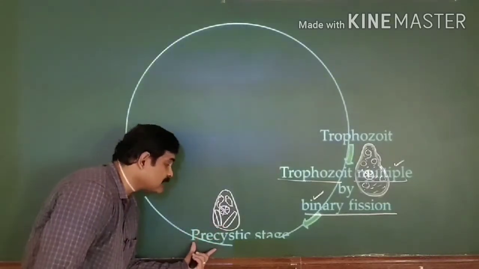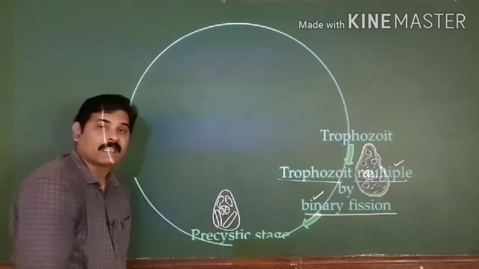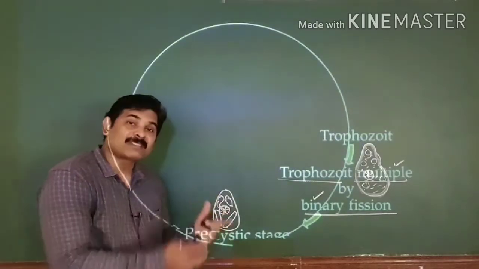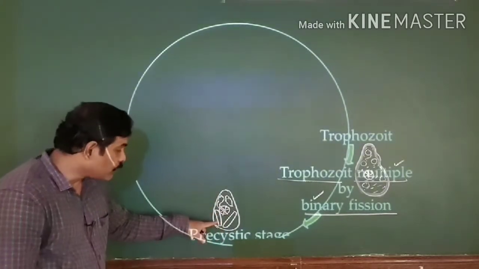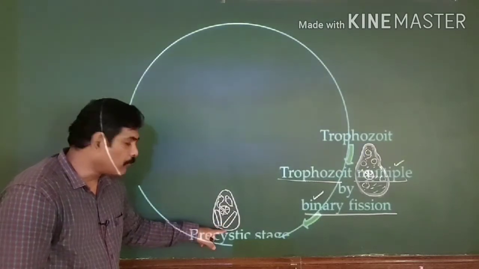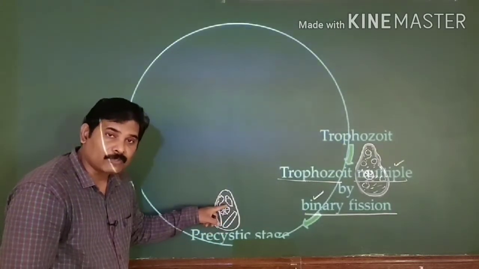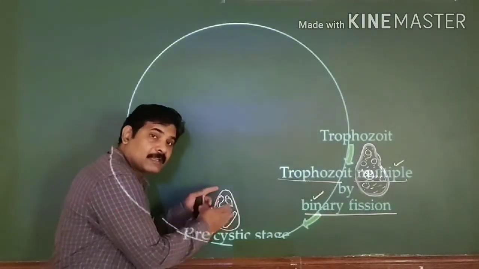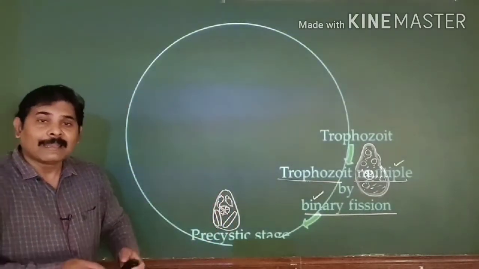Since I said the pre-cystic stage is a non-feeding stage, how does it get its food? Here it has some reserved food within it, which we call chromatoid bars as well as glycogen granules, right?